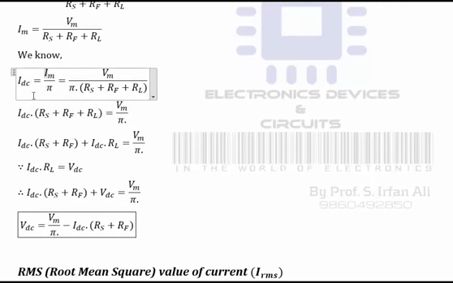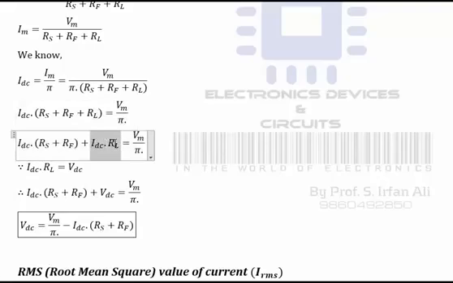So this bracket is taken on the left hand side, IDC into this bracket equals Vm upon pi, which will remain as it is. When we open the bracket, we can multiply IDC by Rs separately, then by Rf separately, then by RL, but we have to multiply this with RL because this gives actually VDC equals IDC into RL, this is Ohm's law. So I am multiplying IDC with RL, and IDC with the sum of these two resistances will remain as it is.